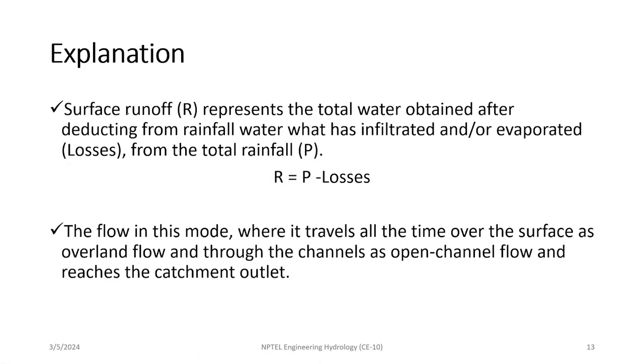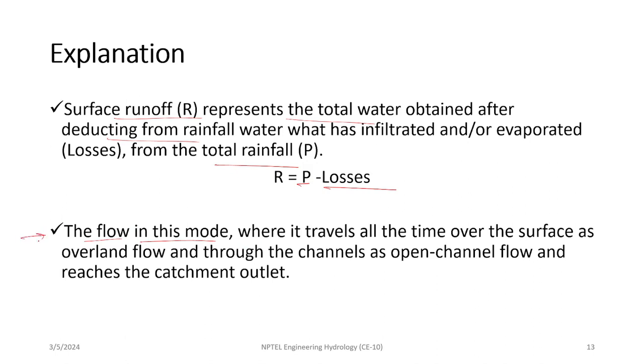Surface runoff represents the total water obtained after deducting from the total rainfall what has infiltrated or evaporated. So total rainfall is P here, and losses could be anything: water that has been stored, transpired, or evaporated back to the system.